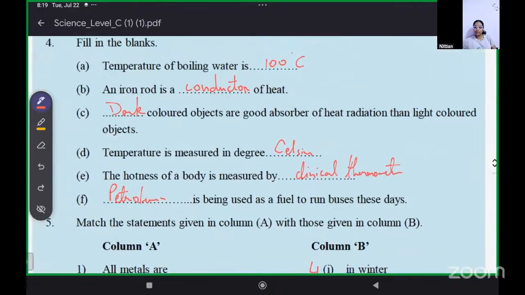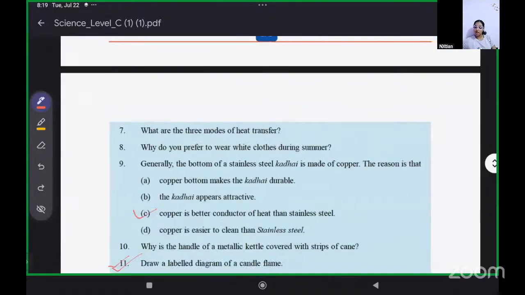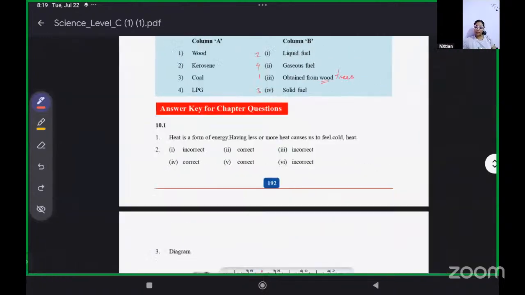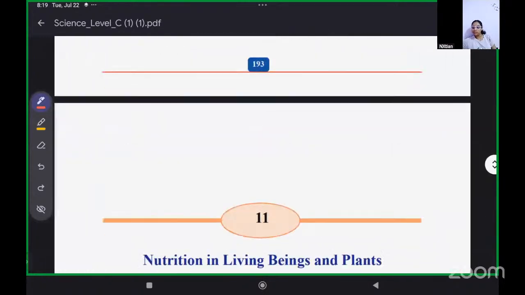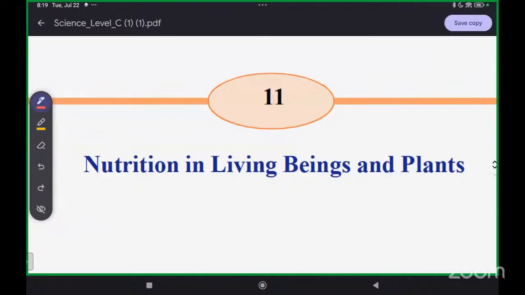In the next class, we'll be starting the next chapter, that is microorganisms. When shall I give the chapter 6 test of science? Next week, Tuesday? Ma'am, I'm not free next week Tuesday, Wednesday, Thursday.